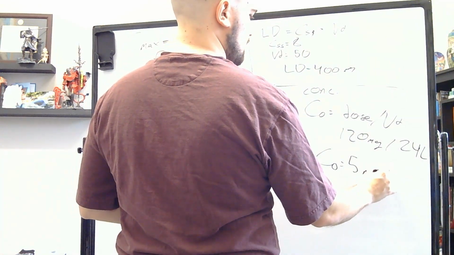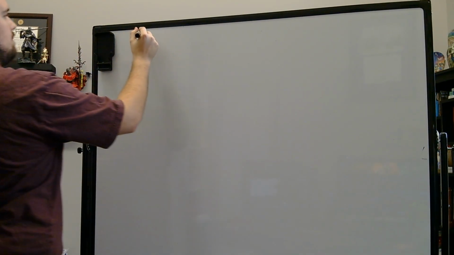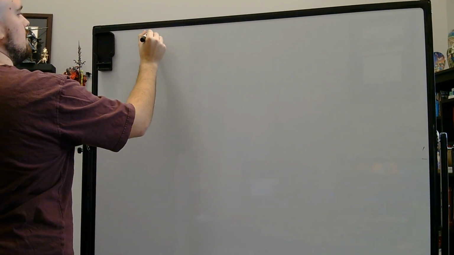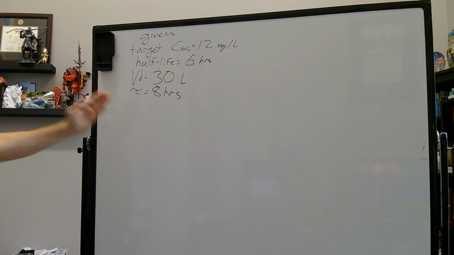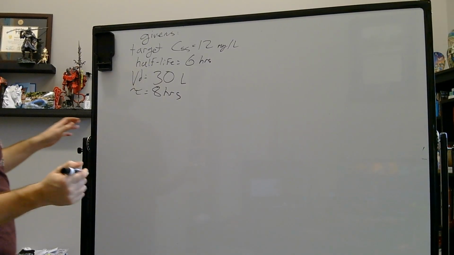So combining everything, I'm going to put down a couple givens, and then I'm going to calculate it down. I have these 4 things. First thing I'm going to do is calculate the elimination rate constant.